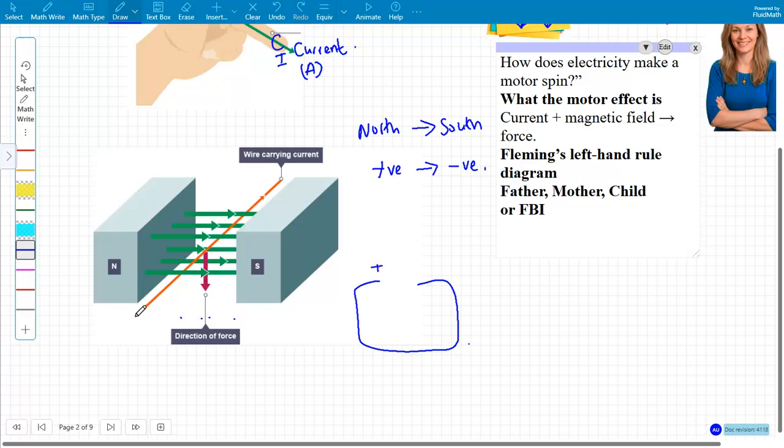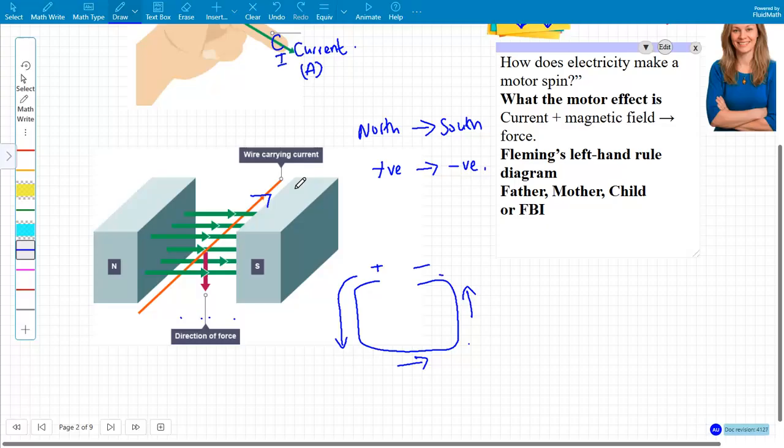You have plus over there, minus over there. The direction of the current is going to go this way. The part of the wire that we've got, this yellow line, has got an arrow on it already telling us which direction that is. But if it didn't, you would have to start at the positive, trace it round, and go towards the negative.